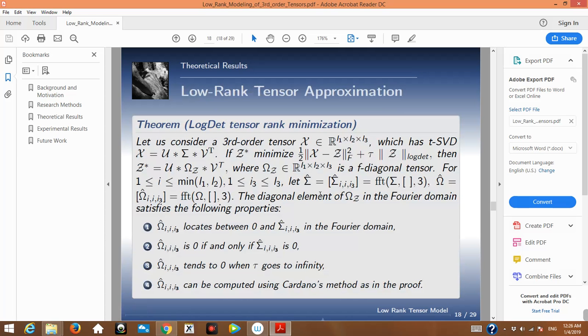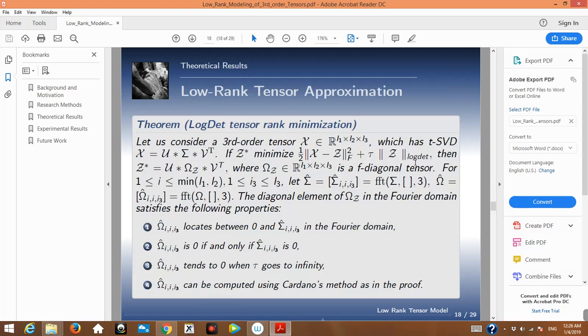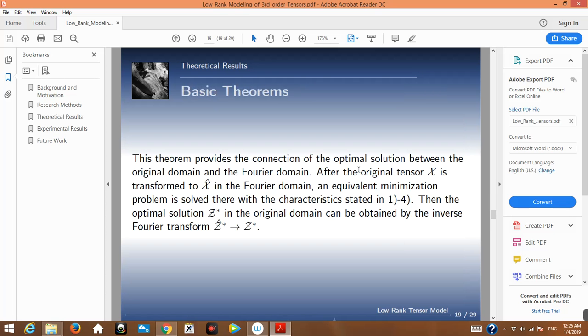By using the non-convex regularization, it is not hard to solve this optimization problem. For example, we can use the log determinant, and we can transform the original tensor X into another tensor in the FFT domain.